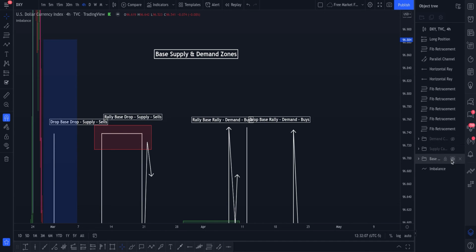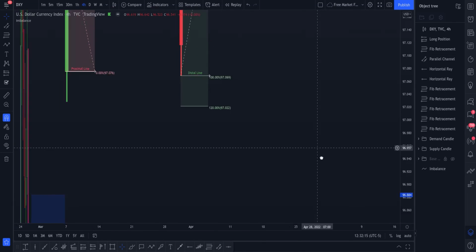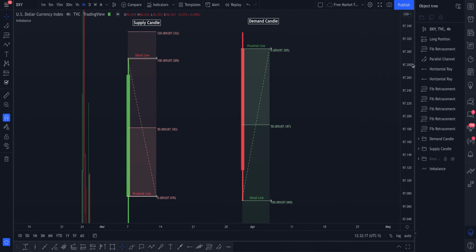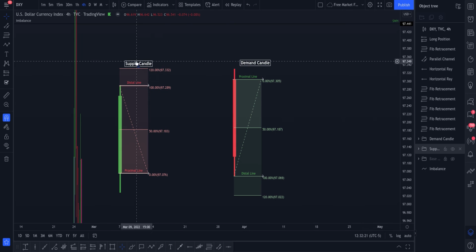Now let me show you guys how we look for these candles. With a supply candle, we're basically going to be looking for the last up candle before the down move.